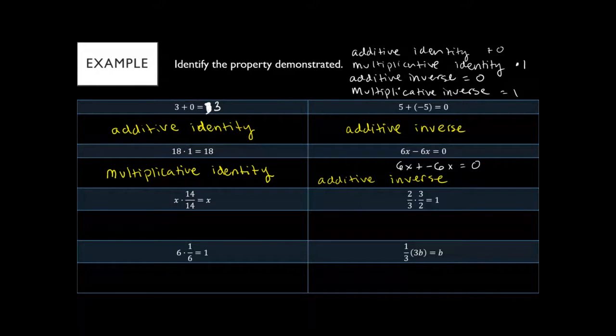They just look a little differently. So when you're trying to decide which one it is, first decide, do you have multiplication or addition? And then from there, kind of decide what's going on.